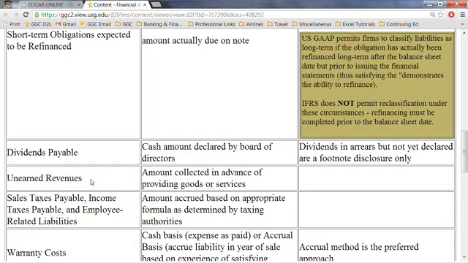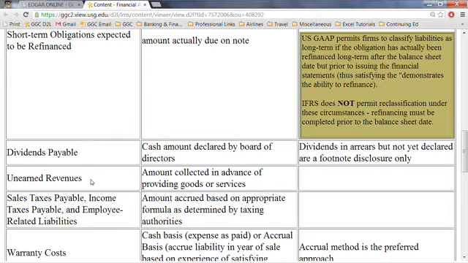Unearned revenues are the result of a business collecting cash in advance of providing goods or services. Think about, for example, you need to hire an attorney to do some work for you, and the attorney collects cash in advance of providing those services, collects a retainer of some sort.